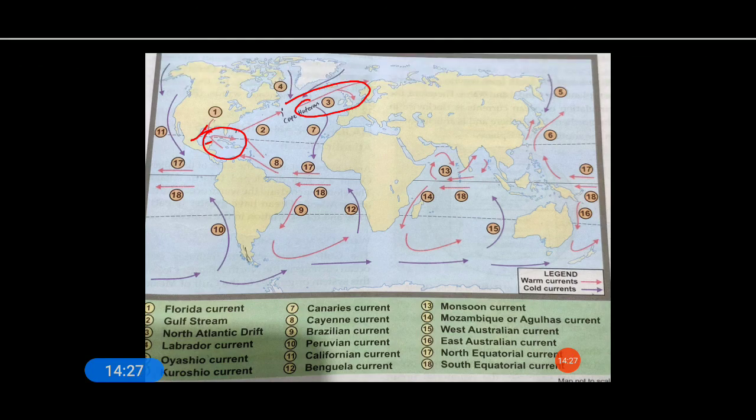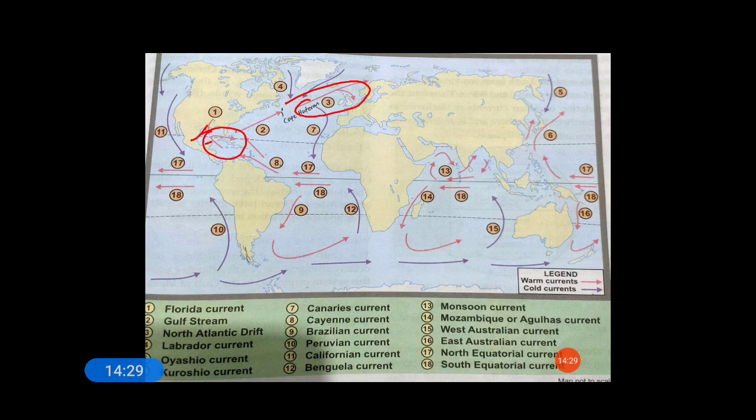One moves along Norway towards the northern side, and the other one bifurcates towards the southern side. One flows towards the coast of Norway, and the other flows towards the region of France, Spain, Azores Island, etc. But the southward current is quite warmer compared to the north one.